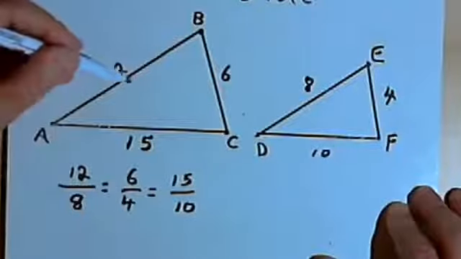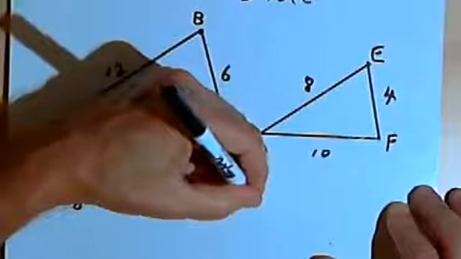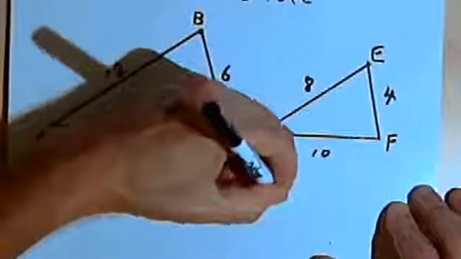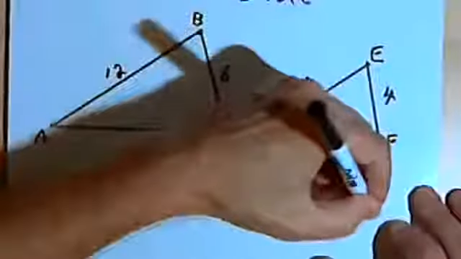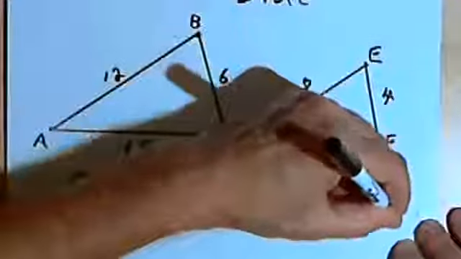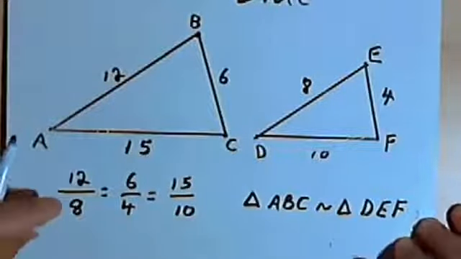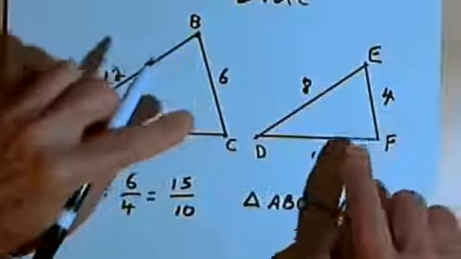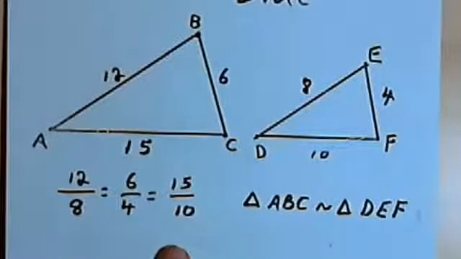So we can say that these two triangles, ABC and DEF, are similar. I'll write that as triangle ABC is similar to triangle DEF, because we've shown that the ratios of their corresponding sides are all the same. So the sides are proportional.